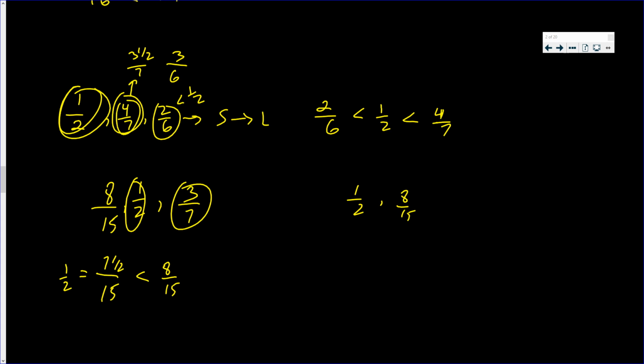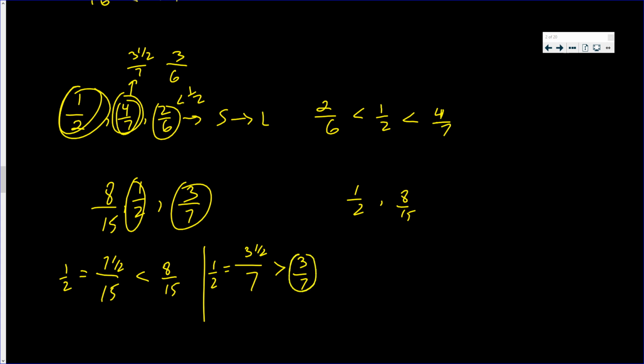Now, when it comes to 3/7, 3.5/7 is a half. 1/2 is 3.5/7. But that's going to be bigger than 3/7.